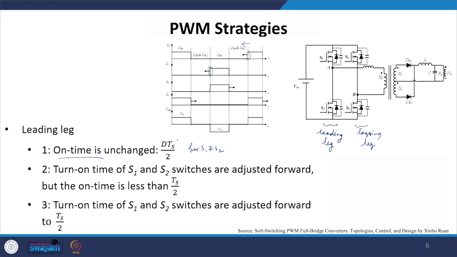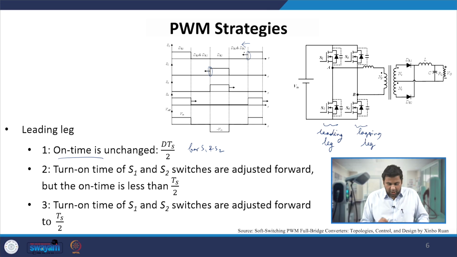Now the second possibility could be that the turn on period of S1 and S2 is adjusted in the forward direction. You are changing the turn on period of S1 and S2, but still that on time is less than Ts by 2. If we say this is DTs by 2, this is (1 minus D)Ts by 2 period. So this period from here to here is Ts by 2.